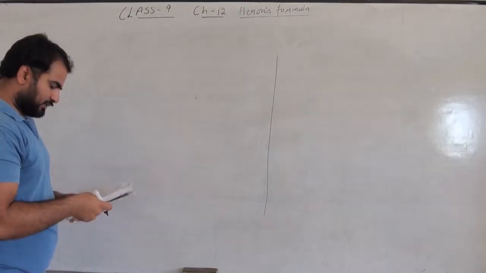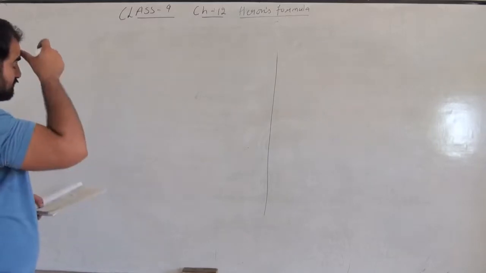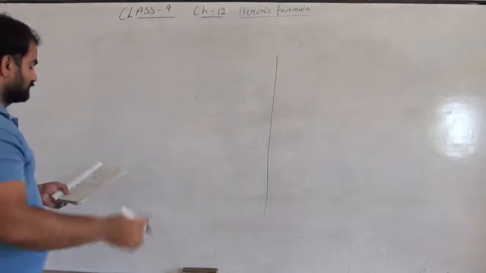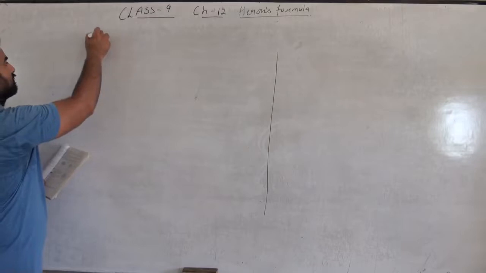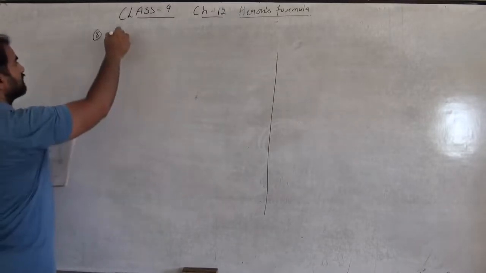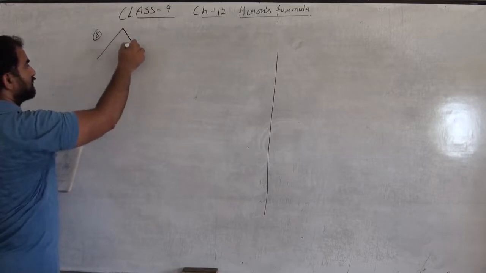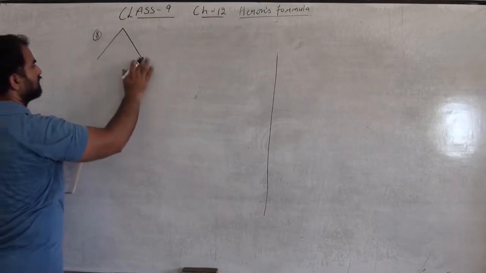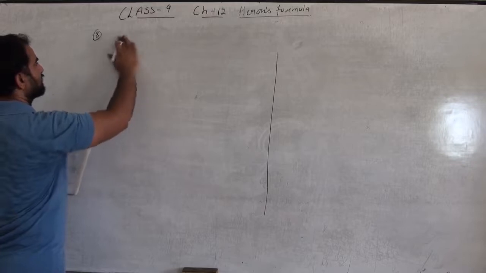Okay, question number 8. So a kite is drawn and it is a square.